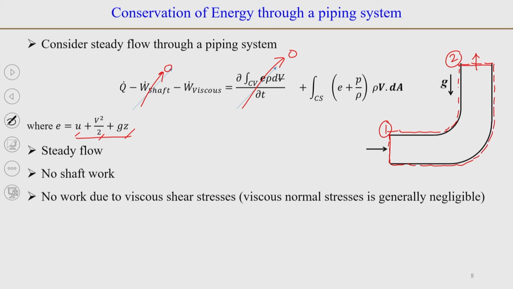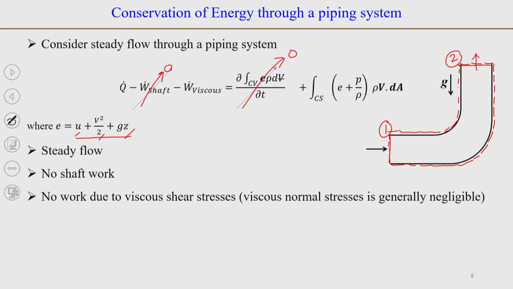The work done because of the viscous shear stress will be 0 on the walls, and the work done because of the viscous shear stress will be 0 on the inlet and outlet ports, because the control surface is normal to the flow entering.